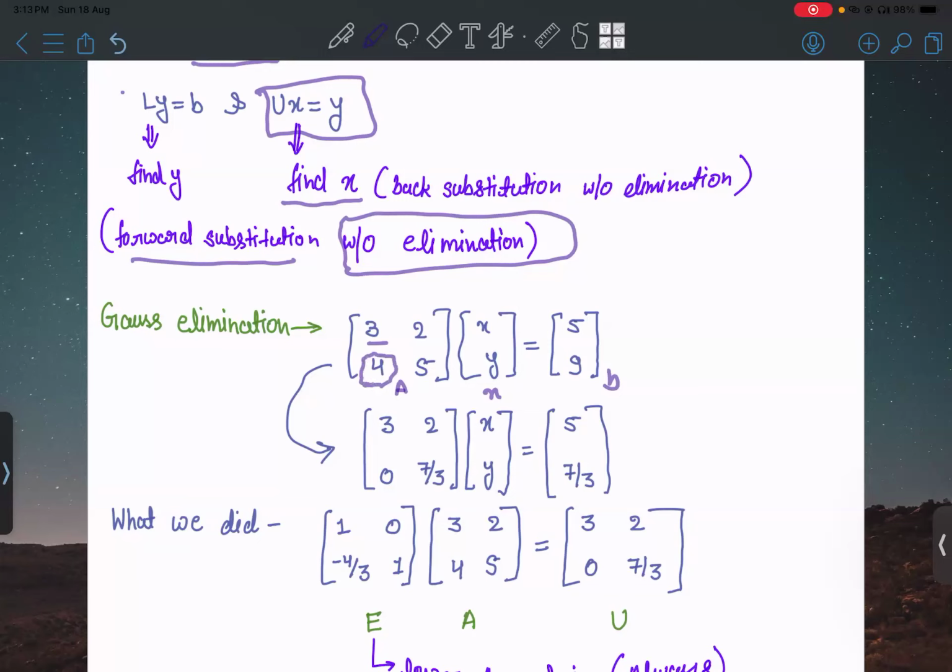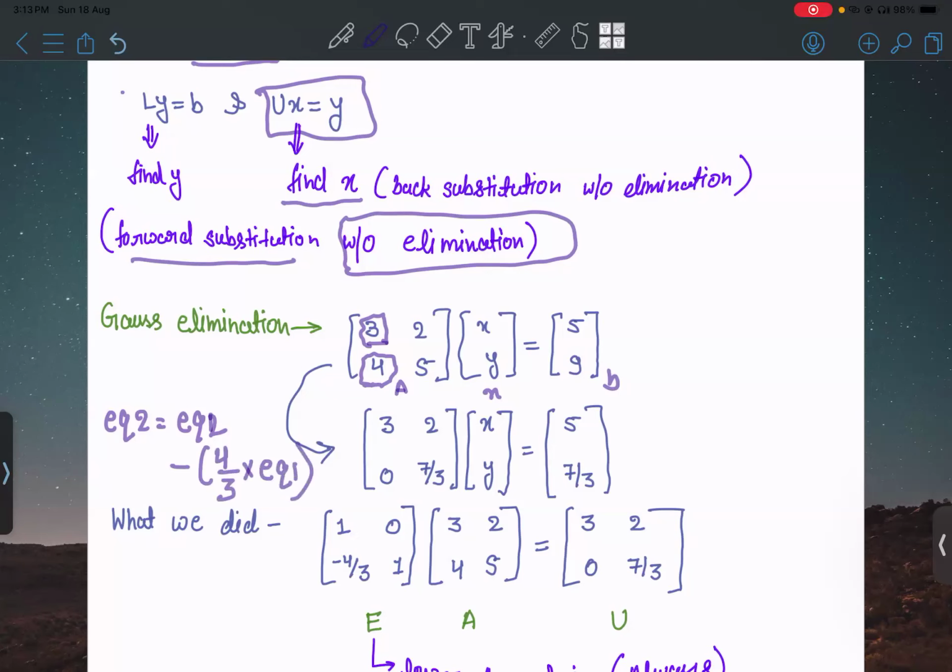This is my pivot point. So I will replace equation 2 with equation 2 minus the term here divided by the pivot point multiplied by equation 1.